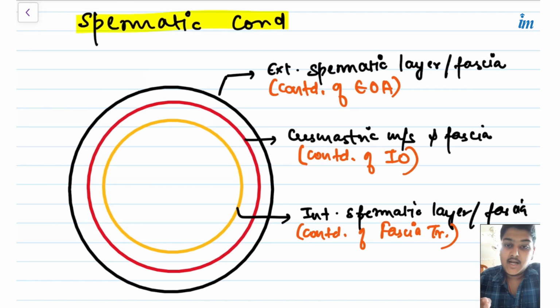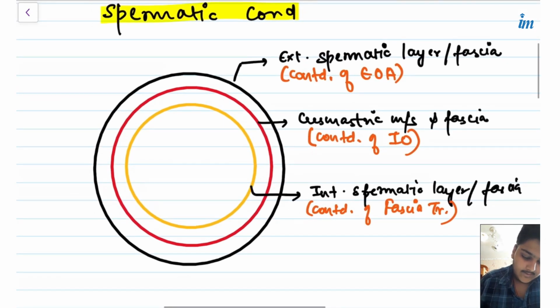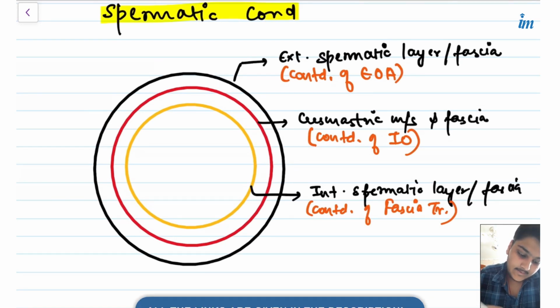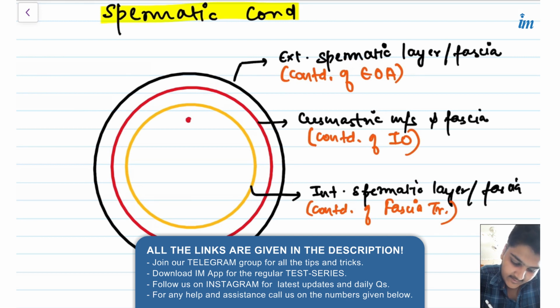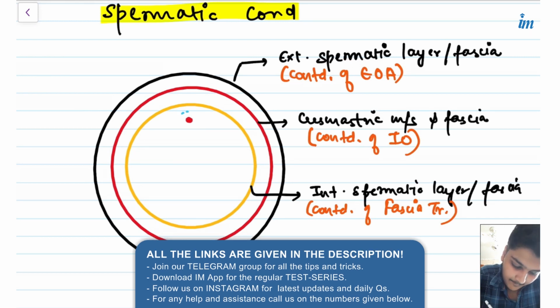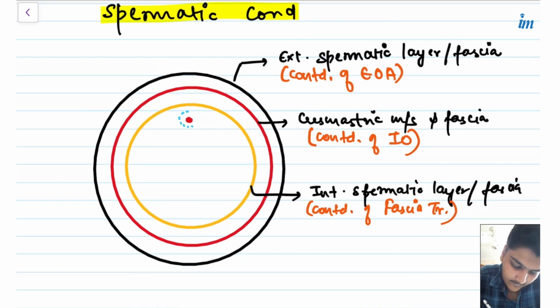Now let's see what are the contents of spermatic cord. And once more I would like to repeat that whatever are the contents of spermatic cord are ultimately the contents of an inguinal canal. Why? Because spermatic cord is itself a content of an inguinal canal. Now let's discuss the contents. The first thing I would like to mention is your testicular artery and a plexus around it.